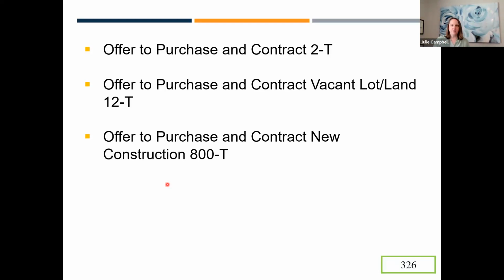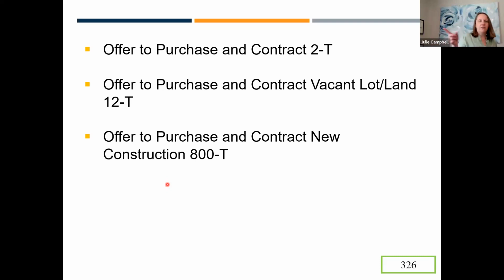All three of these come with the guidelines to complete, and they're available from your forms library and whatever electronic program your firm uses, whether it's dotloop, zipForms, DocuSign, or SkySlope. The guidelines to complete are available to make sure you're properly completing the forms.